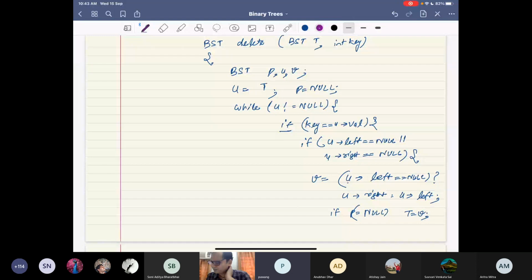So what we did here: U is the node we are searching on, P will store the parent of U, and V we will use to create a new node.